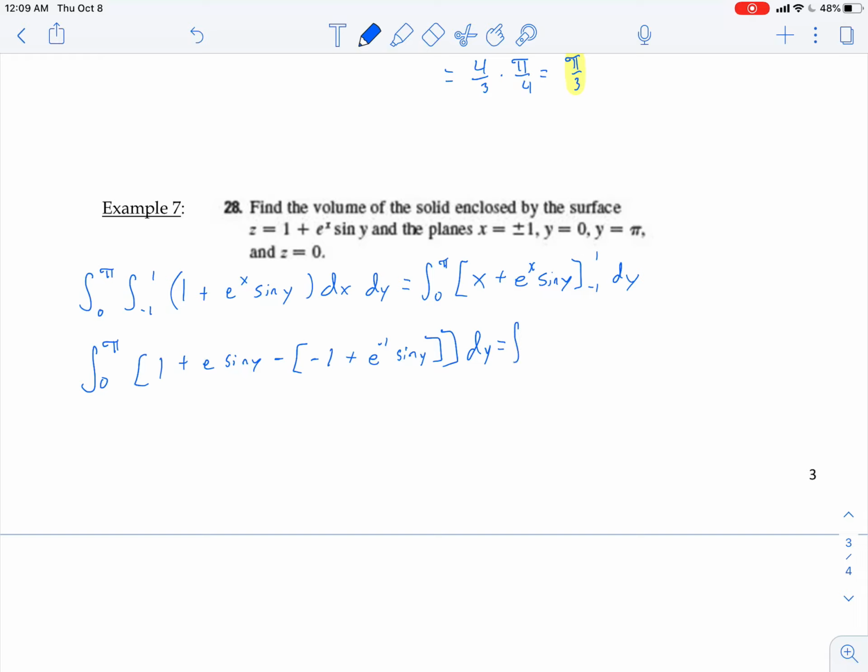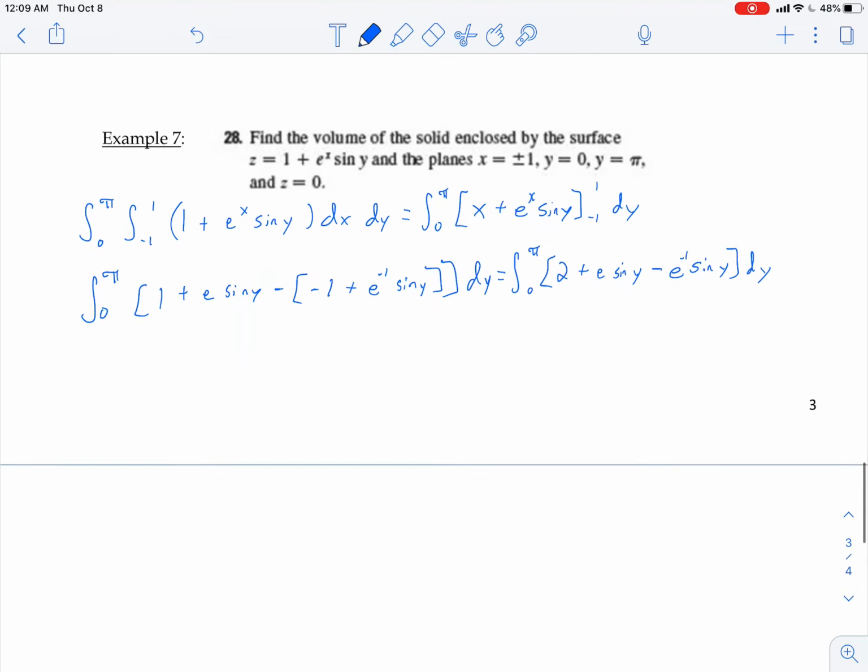So let's just clean that up. From 0 to pi, we get 1 minus the -1, which is going to be plus 1. So 1 plus 1, which is going to be 2. So 2 plus e to the sine y, minus e to the -1 sine y, or 1 over e, dy.